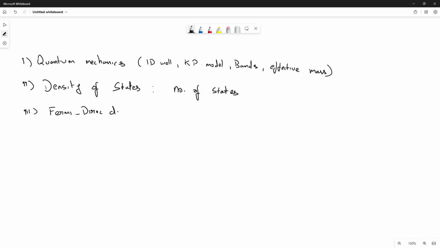The Fermi Dirac distribution has a function, the Fermi function, f of E, equal to 1 over e to the power (E minus mu) by kBT.